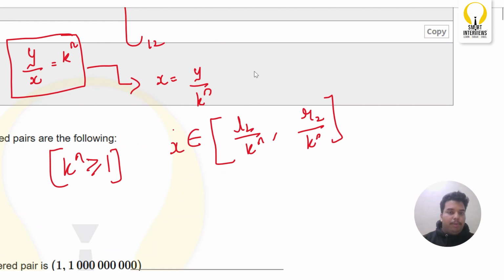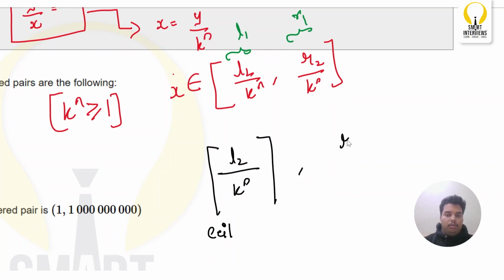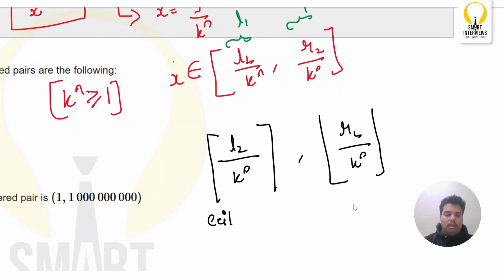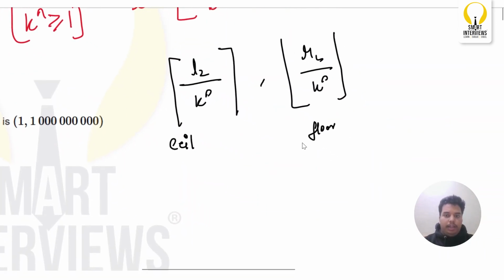But while comparing, we also need to compare this with L1 and this with R1. Why? Because we need to find out the upper limit of k power n, and this is ceil, and the lower limit, this is floor.